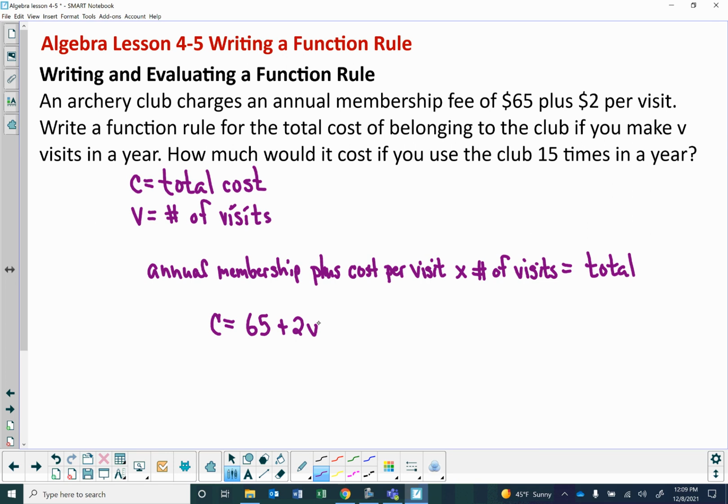Now I need to evaluate my function rule if I use it 15 times in a year. So now I'm going to replace V with 15. So C will equal 65 plus 2 times 15, which is going to be 65 plus 30, which ends up to be 95. So it will cost me $95 to visit 15 times.